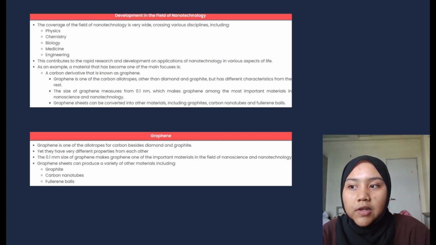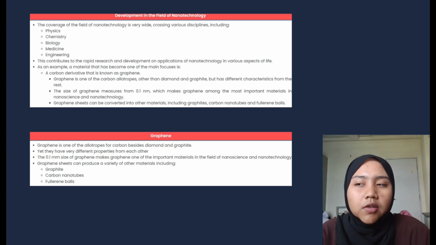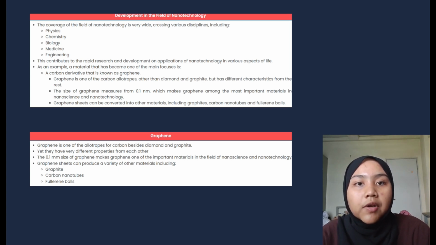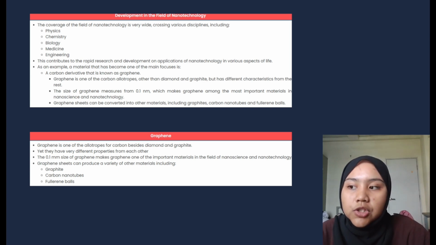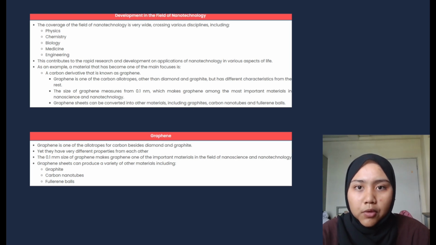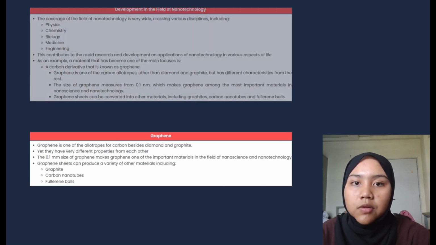Graphene is one of the allotropes of carbon besides diamond and graphite, yet they have very different properties from each other. The 0.1 mm size of graphene makes it one of the important materials in the field of nanoscience and nanotechnology. Graphene sheets can produce a variety of other materials including graphite, carbon nanotubes, and fullerenes.